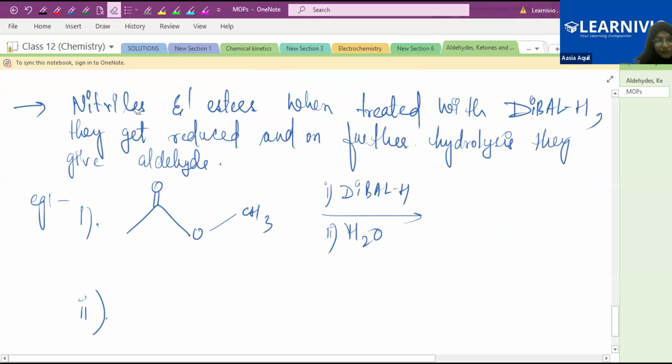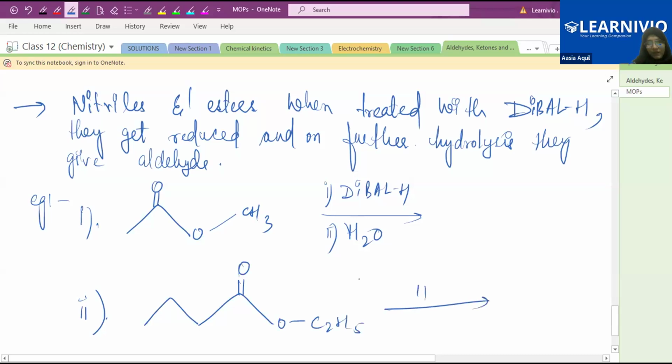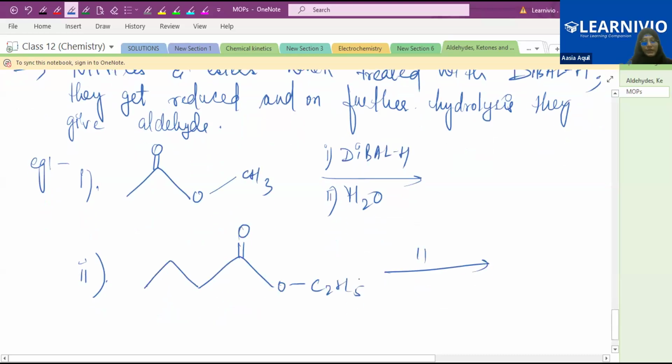Suppose we have this, and here OC2H5. Again, you are using the same thing. Now write down the product in both cases. In the ester, as I told you, you're supposed to remove the OR' group and attach the hydrogen. It's very simple.